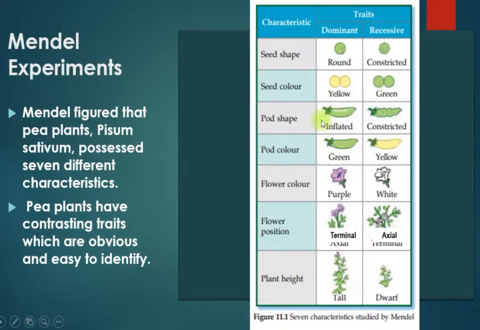Pod shape, inflated and constricted. Pod color, whether green or yellow, and for the flower, whether purple or white. And for the flower position, terminal, the flower is at the terminal, and the flower is also at the axial.